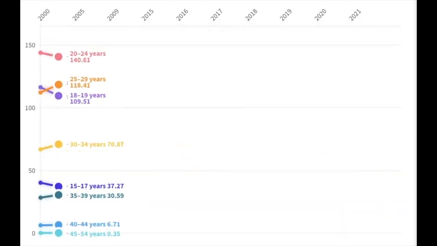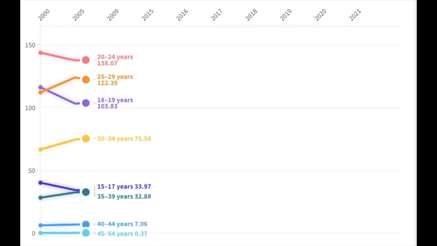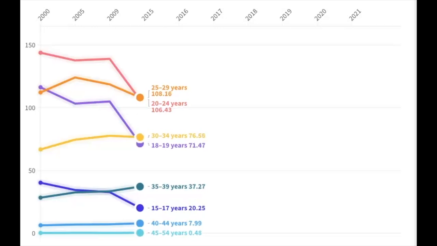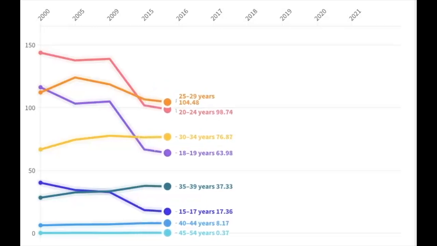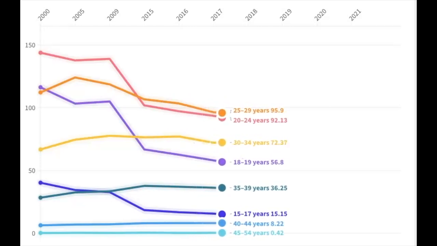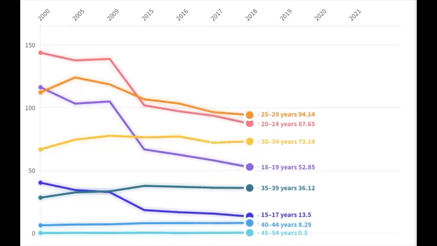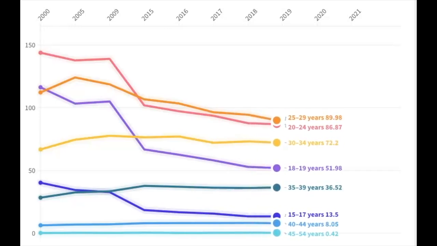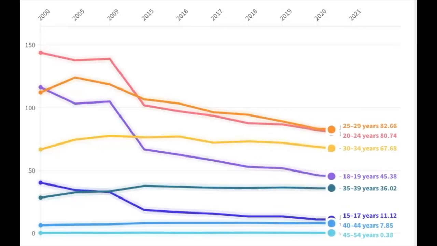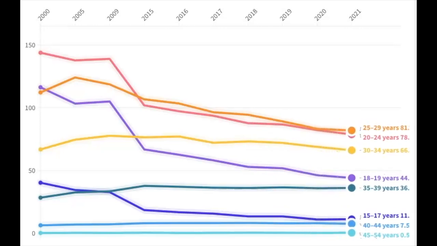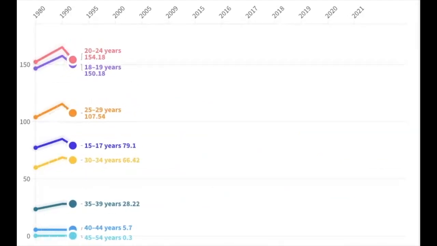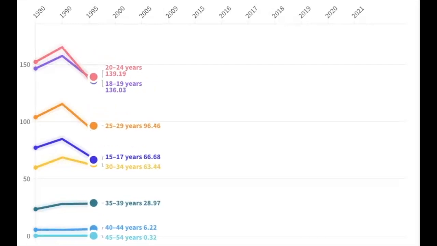This chart shows the changes in birth rate from 2000 to 2021 for American Indian or Alaska Native women from different age categories. This chart shows the changes in birth rate from 1980 to 2021 for Black women from different age categories.